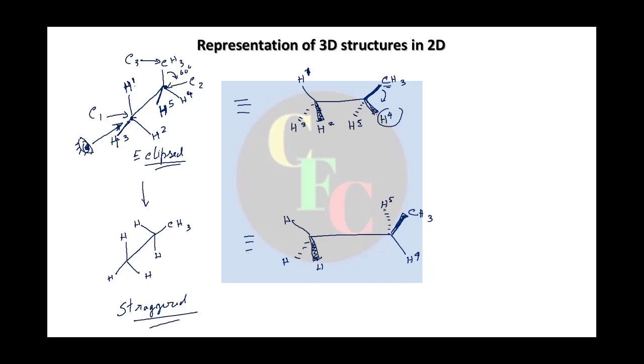Okay. So these are called Sawhorse projections, one way to depict three-dimensional structures on a two-dimensional surface.